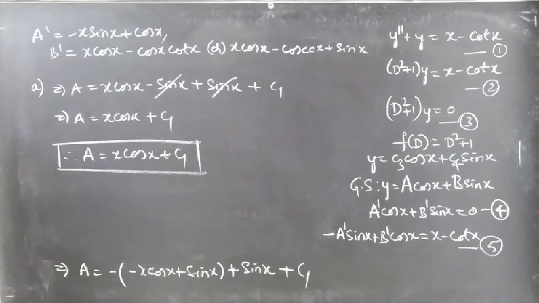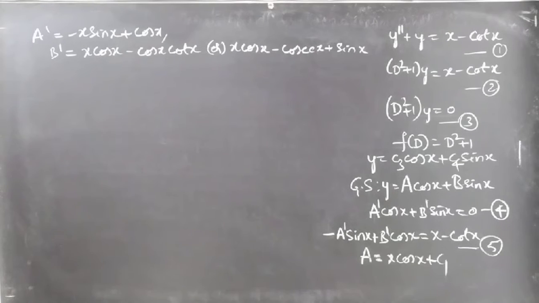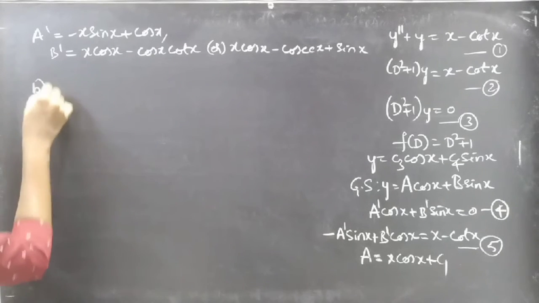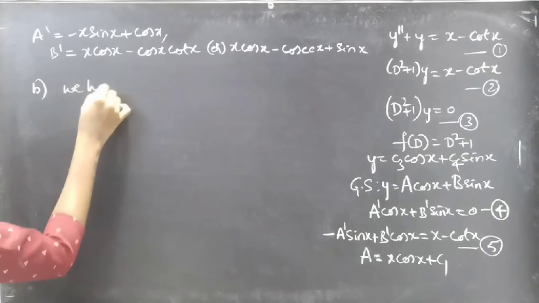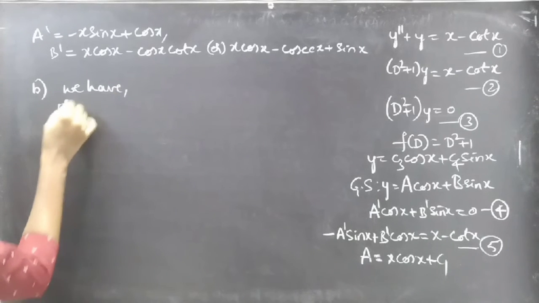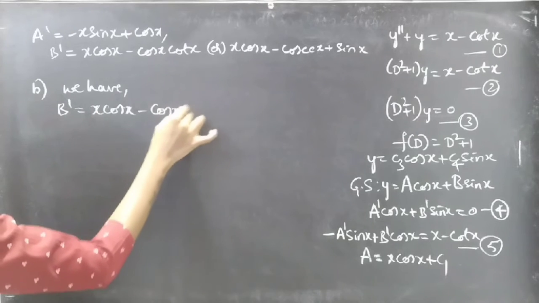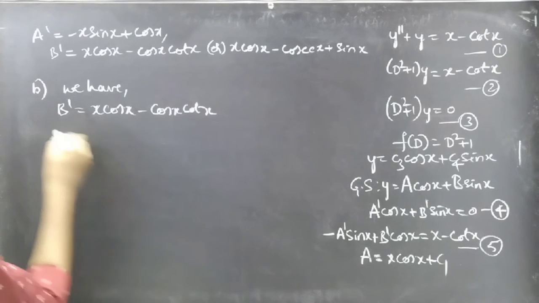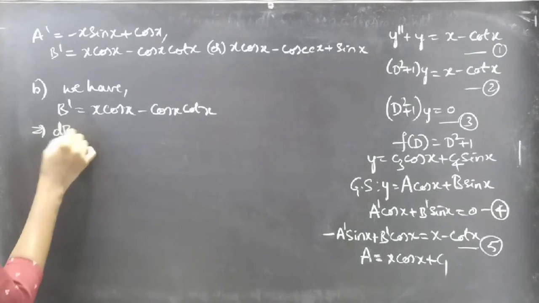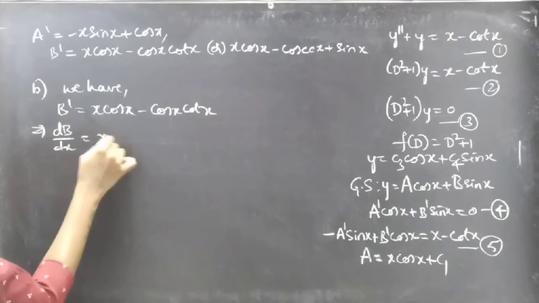We got A. Let's now find B. We have B dash equal to x cos x minus cos x cot x, right? B dash is nothing but the derivative of B with respect to x.